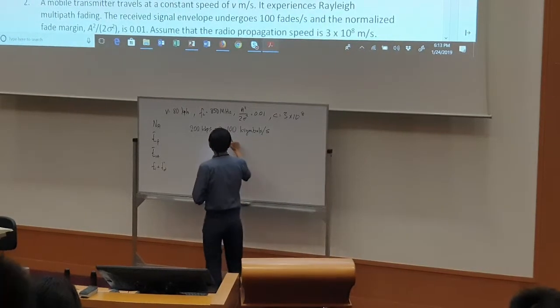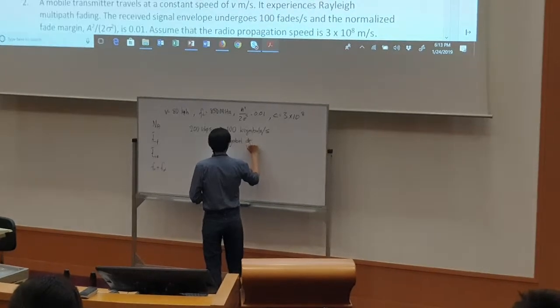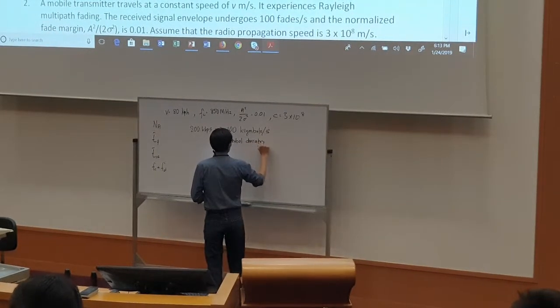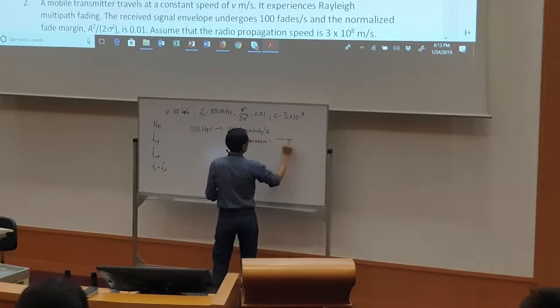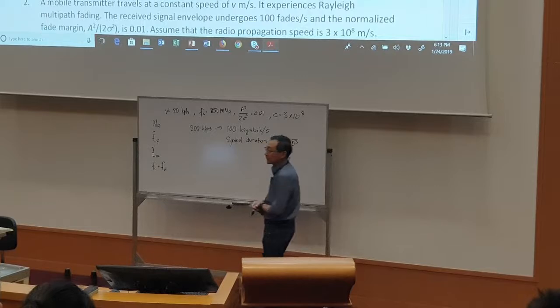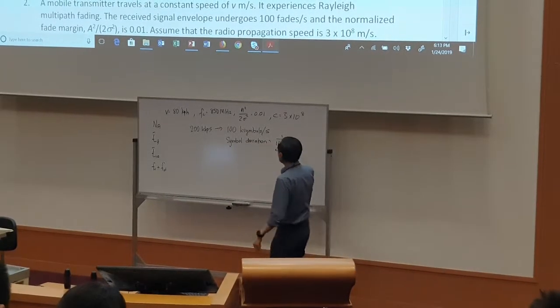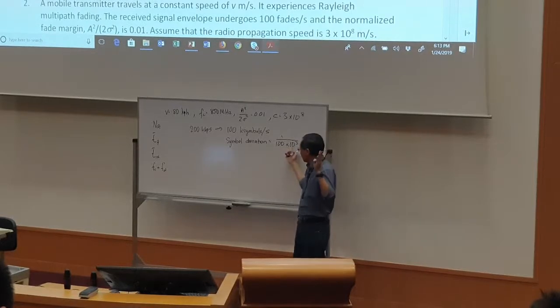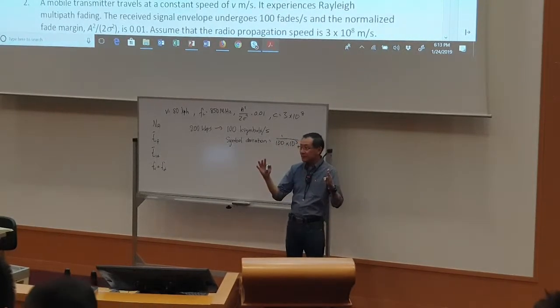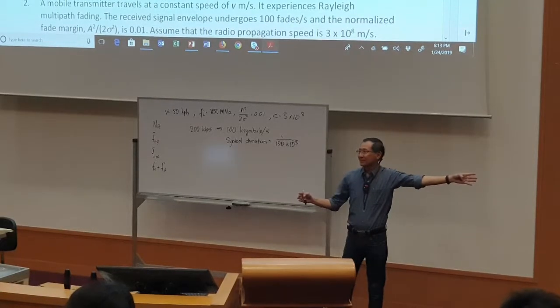So the symbol duration will be 1 over 100 times 10 to the 3. That's the symbol duration. So the question is, do you have many fades over this period, or does the fade occur over many symbols?